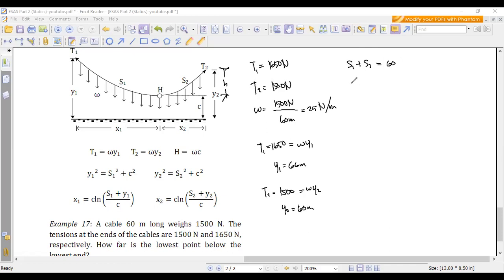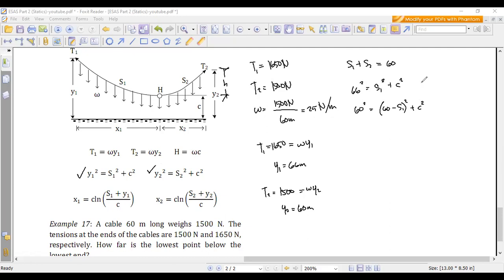For Y1, 66 meters squared is equivalent to S1 squared plus C squared. And we also have this formula for Y2: 60 squared is equivalent to S2 squared plus C squared, that is, 60 minus S1 squared plus C squared.